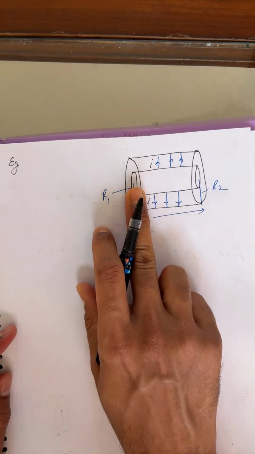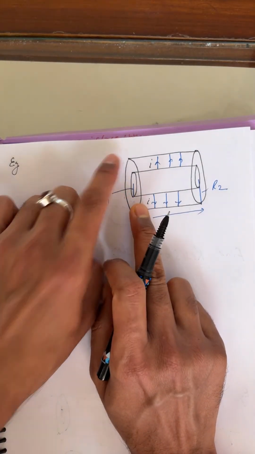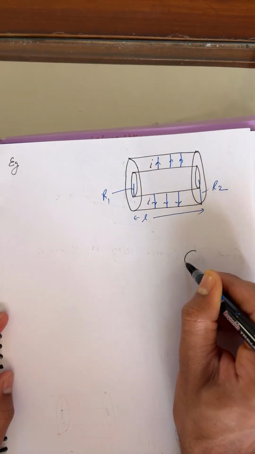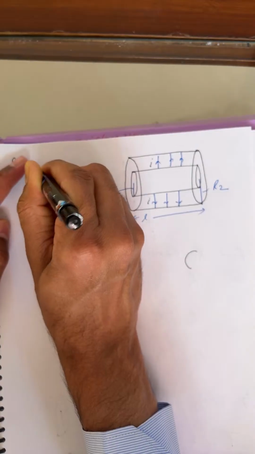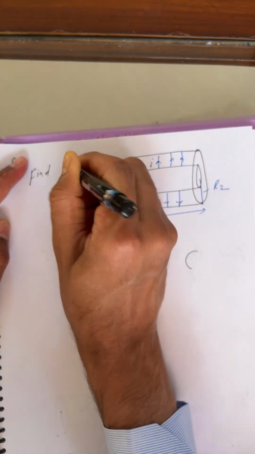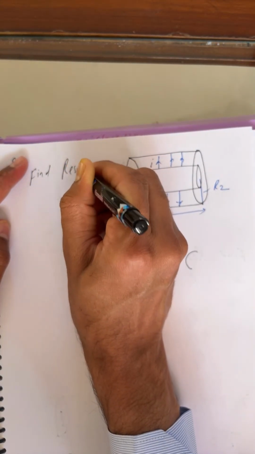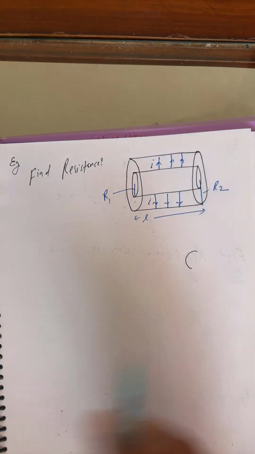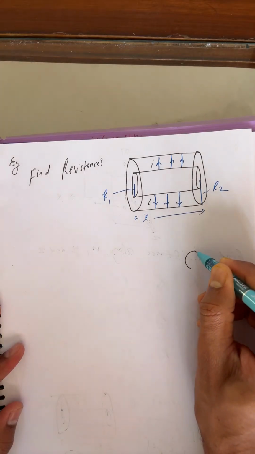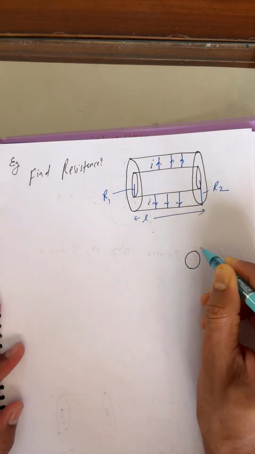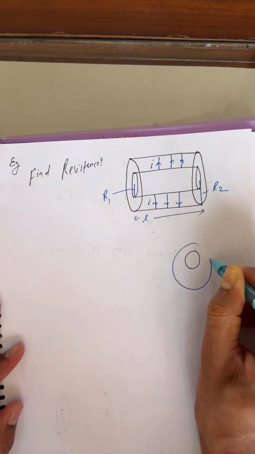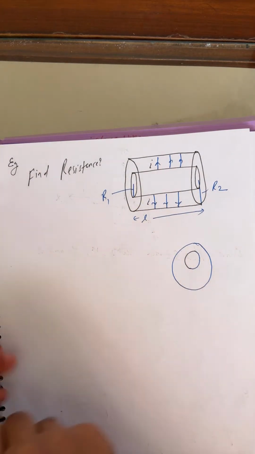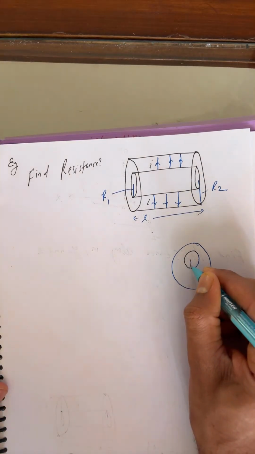Why? Because make the diagram of this cross-section area, the top view. First, complete the question: find the resistance.